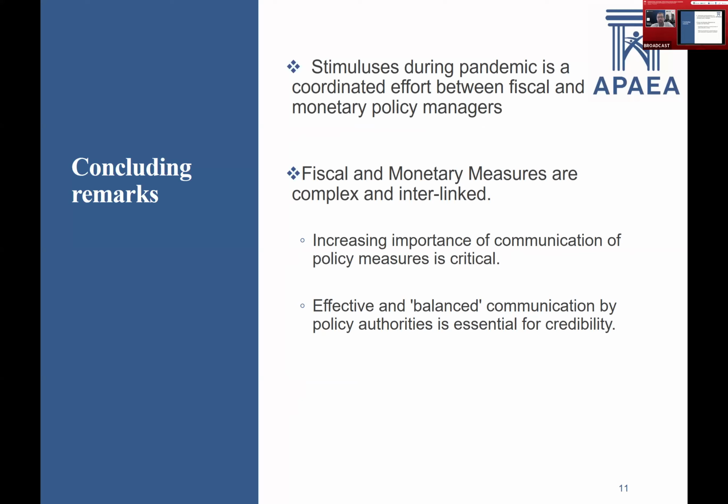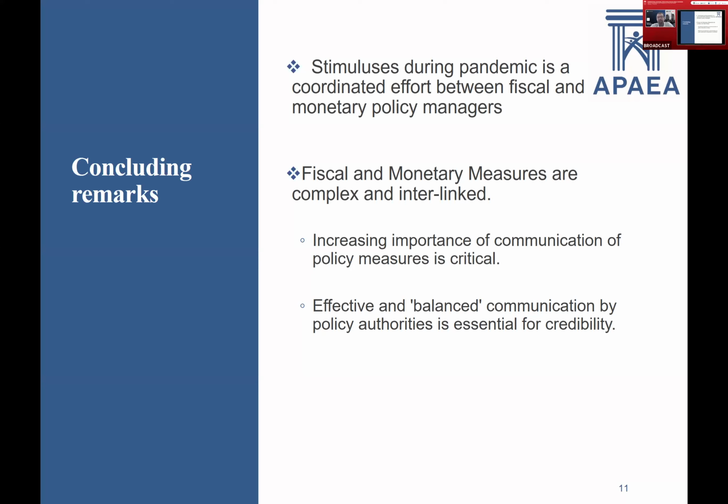One takeaway that we have is that there is an increasing importance of how these policy measures are communicated. Because at the end of the day, if the objective is to send a signal to the markets of calm by the policymakers that things are under control, then communication becomes critical.